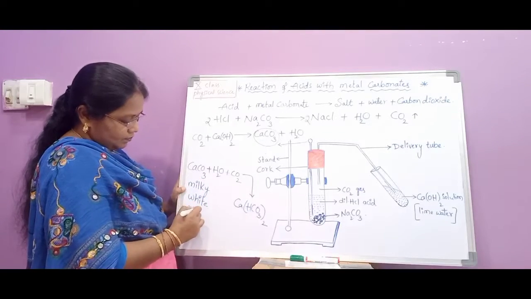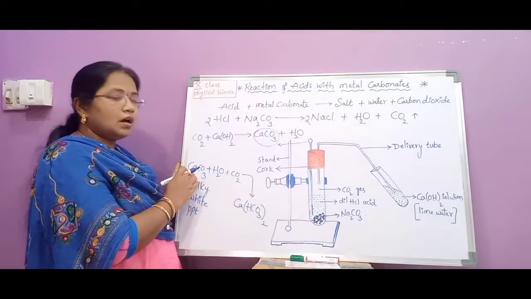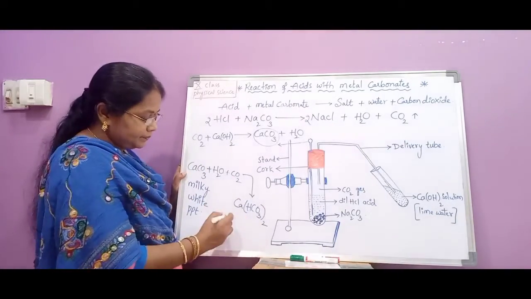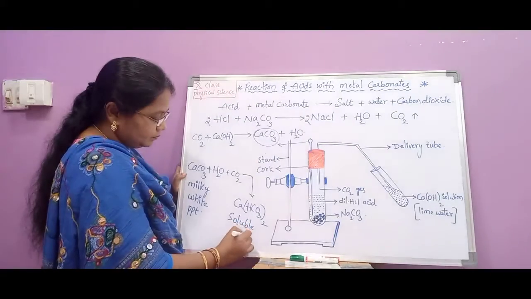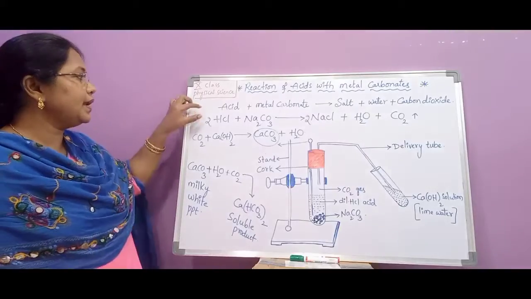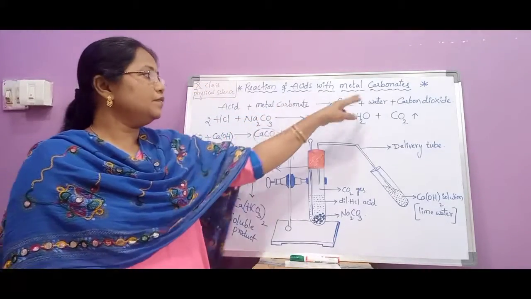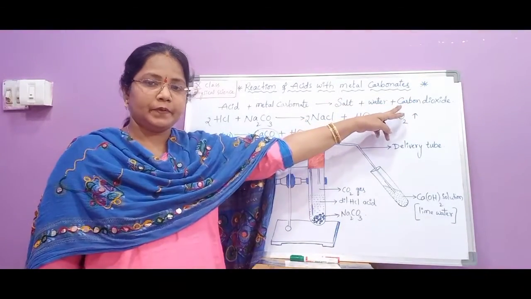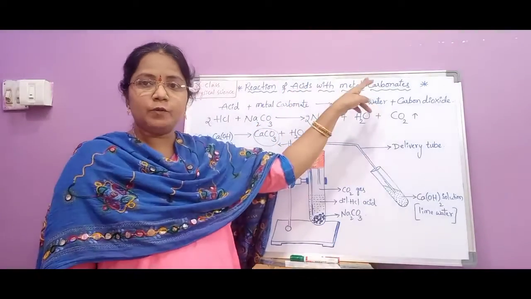On passing excess CO2 into this calcium carbonate, it will dissolve and form calcium bicarbonate, which is the soluble product. So the generalized form of the equation we can write like this: when an acid reacts with a metal carbonate, we get salt, water, and the gas produced is carbon dioxide. Okay, now we see what happens when acid reacts with metal hydrogen carbonate.